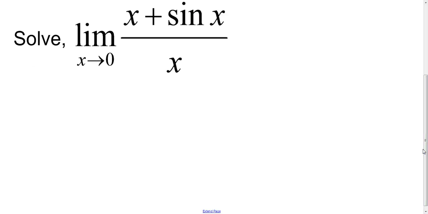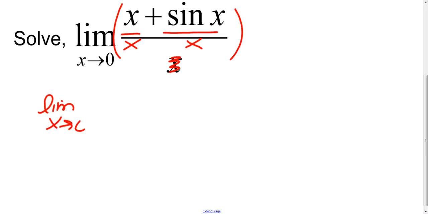So first of all, I can break this fraction up into x over x and sine x over x. And if I take the limit of that whole thing, it's the same as doing the limit of each one of them separately.